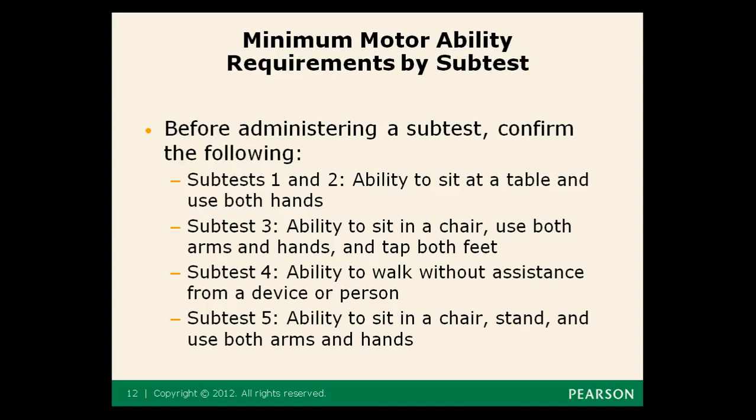In addition, it's also possible that your client may meet their minimum ability requirements for a subtest, but they might not be able to meet the task demands posed by one or more of the items. So it's really important to know that we have to have minimum abilities to perform some of the items, but just because they have those minimum abilities doesn't mean they're going to be able to perform it.